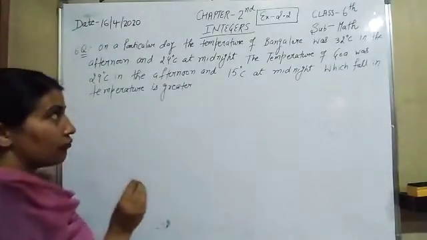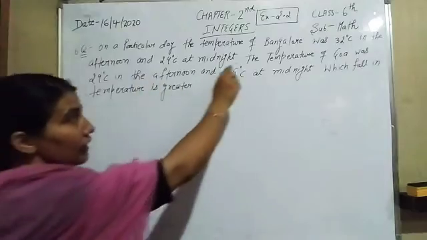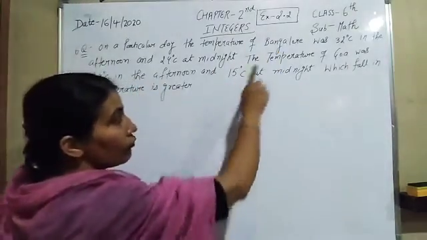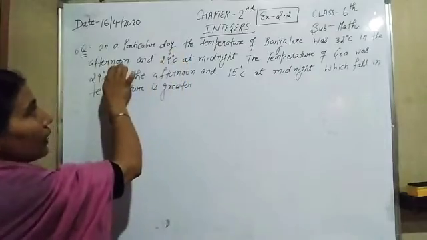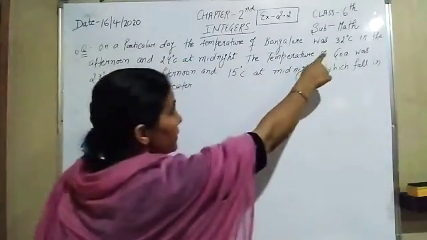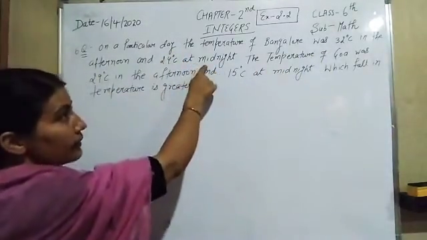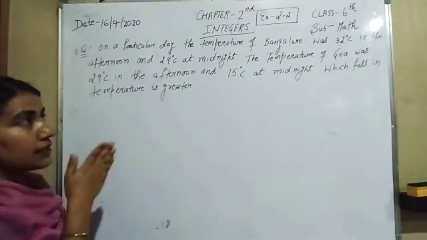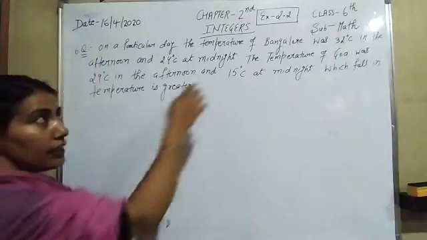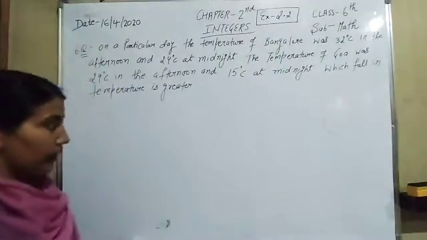Now listen to it carefully. We are given that the Bangalore temperature during the afternoon was 32 degrees Celsius, and at midnight it was 24 degrees Celsius. Firstly, we will find the fall in temperature in Bangalore.